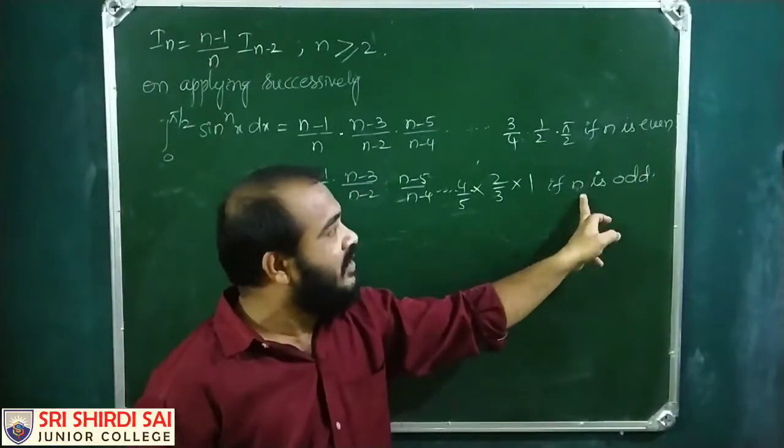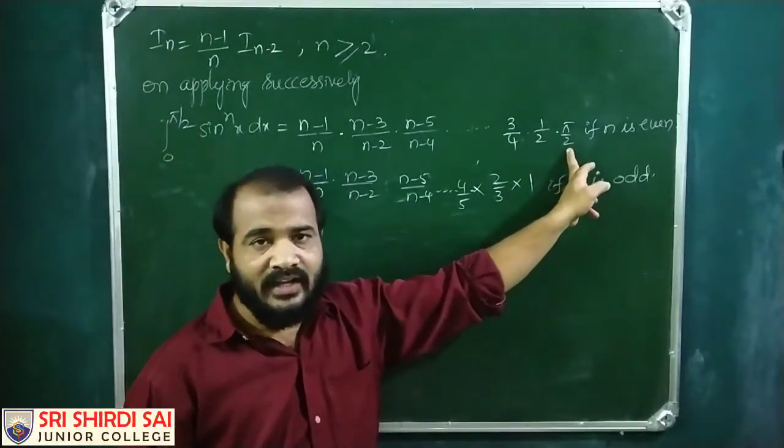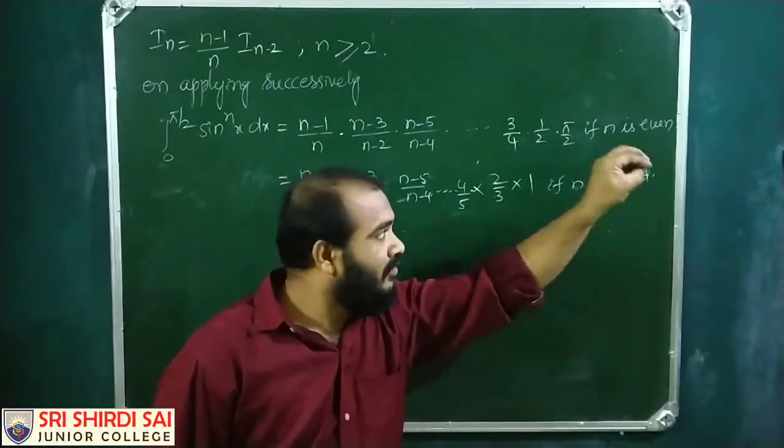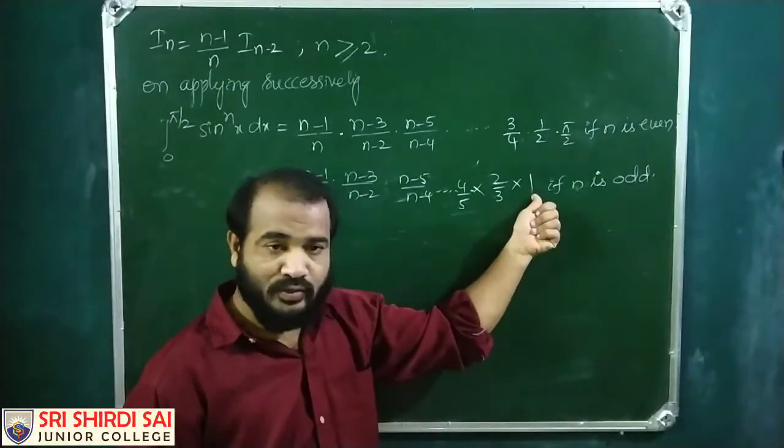If n is even, we end up with pi by 2. So pi by 2 is what we get if n is even ultimately, and if n is odd, we get 1.